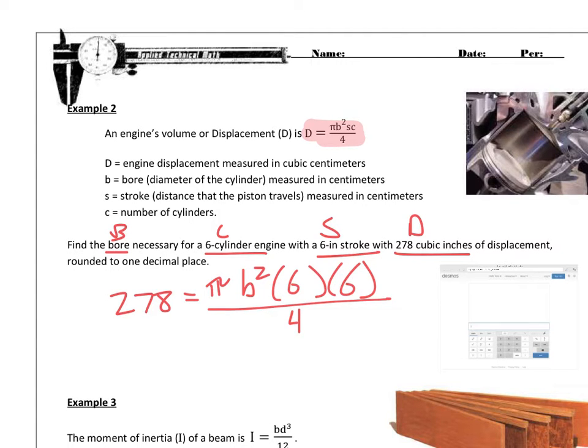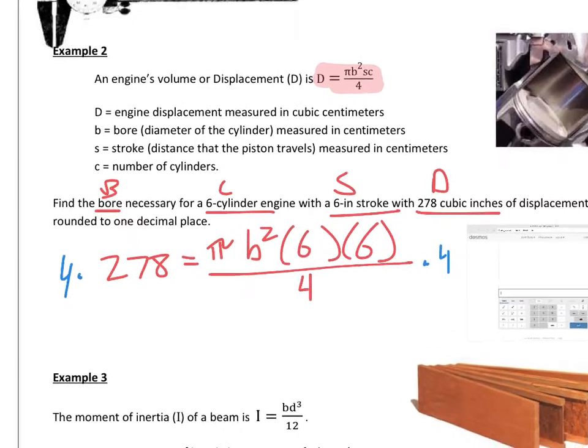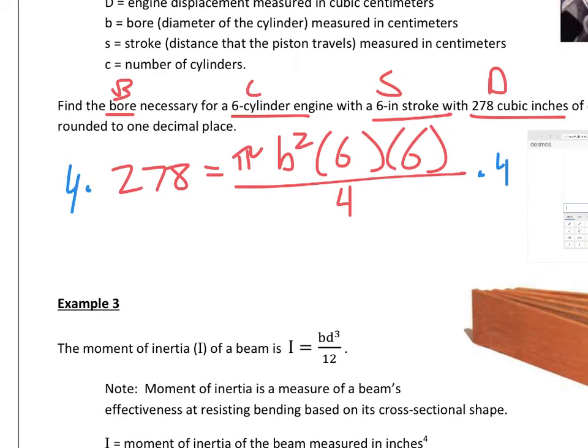So we can do this a couple ways. We could get this 4 out of here, or we could simplify this 6 times 6 over 4, because there's no plus up here. Probably the safest way would be to get rid of that 4 like we did before. It's divided by 4, so let's multiply both sides by that denominator.